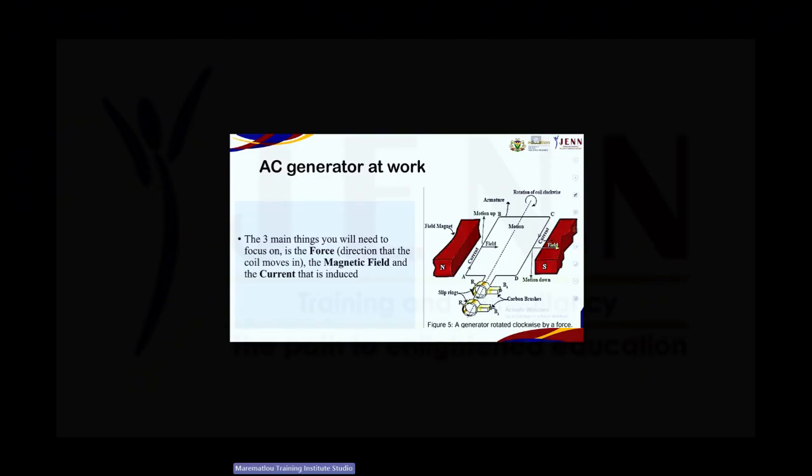If we drive on the road, then we drive on the left-hand side. So therefore, for my motor, you are going to use your left hand, and with a generator, you are going to work with your right hand.